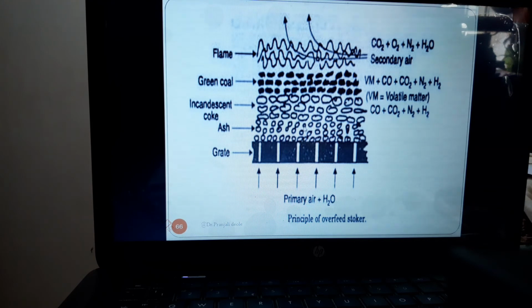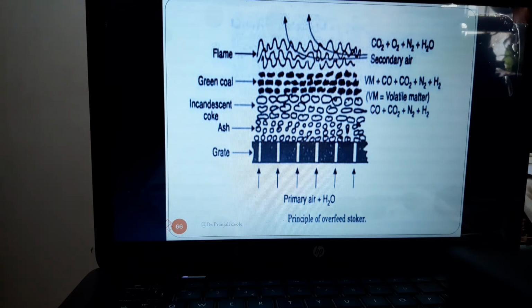The region immediately above the ash contains a mixture of incandescent coke and ash, coke content increasing in upward direction. As the air comes in contact with incandescent coke, the oxygen reacts with the carbon to form carbon dioxide.